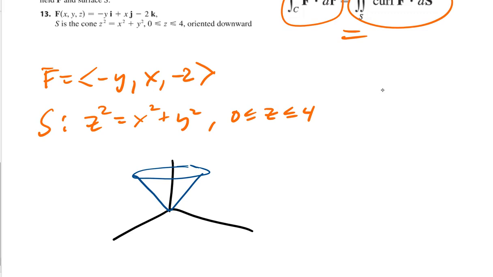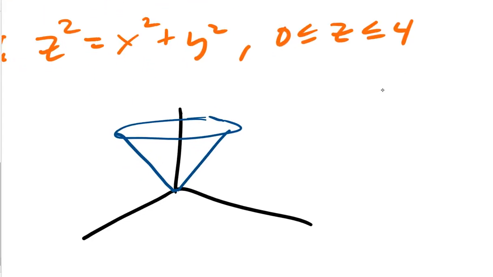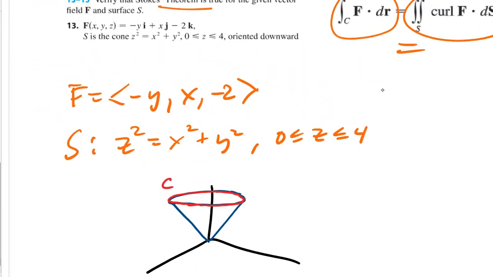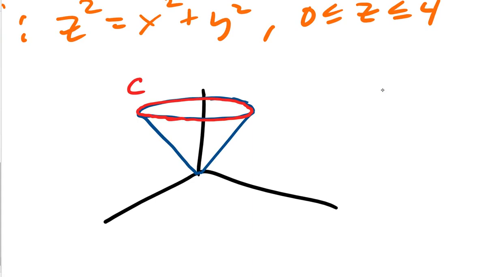Let me draw this a little better. The boundary of this cone is this curve up here. Right there. So that's C. And it says it's oriented downward. So that's the negative orientation of the cone. So this is the N.